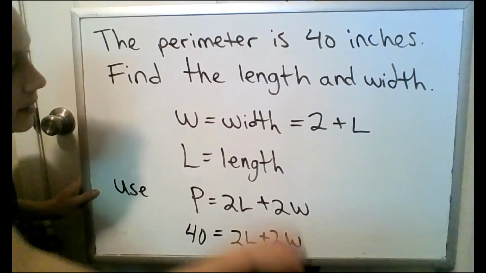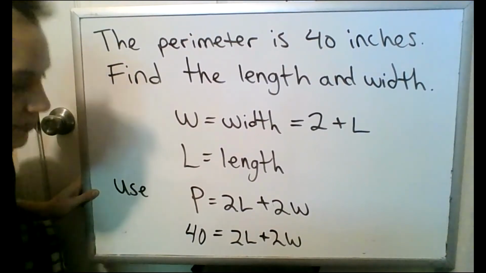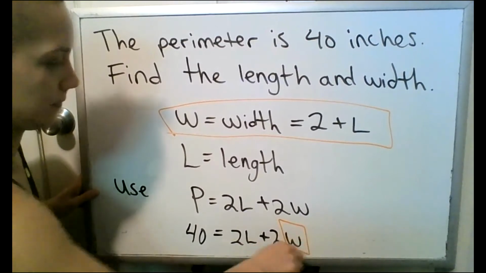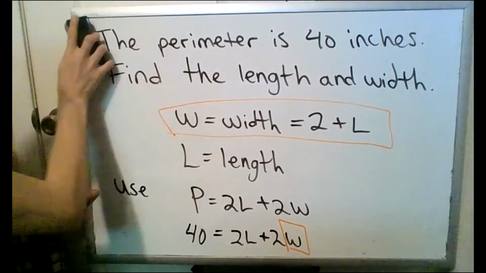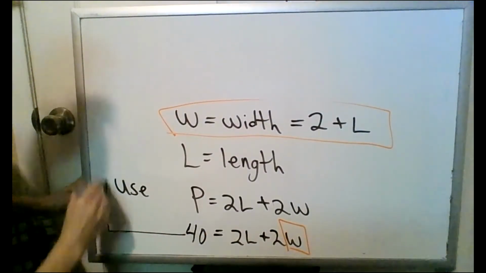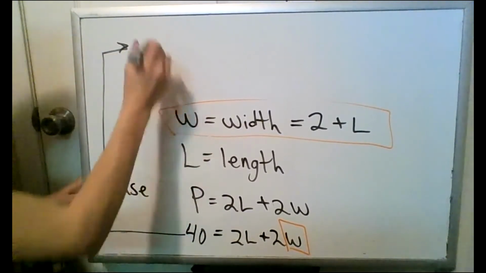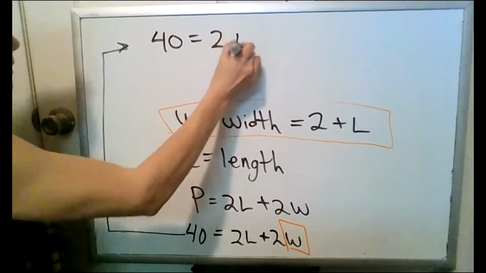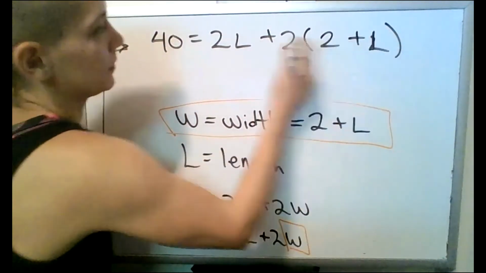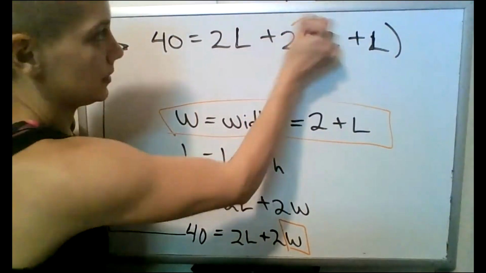And let's put in what we have W equal to, and that way we're in just one variable, L, and we can solve for L. Forty is equal to 2L plus 2 times the width, which is 2 plus L.